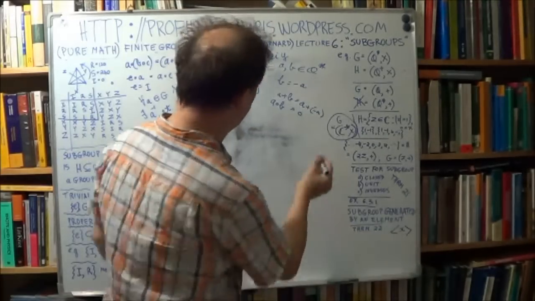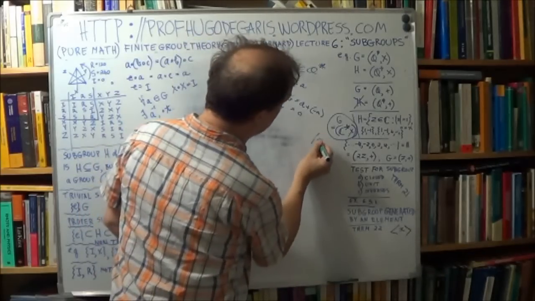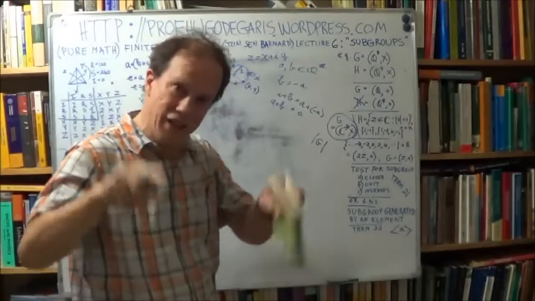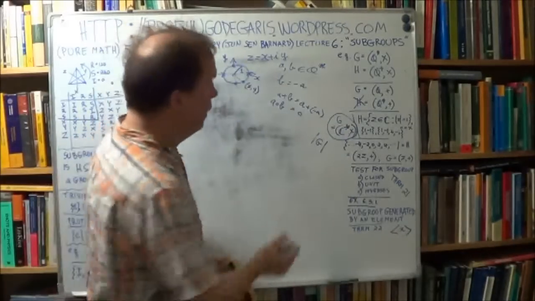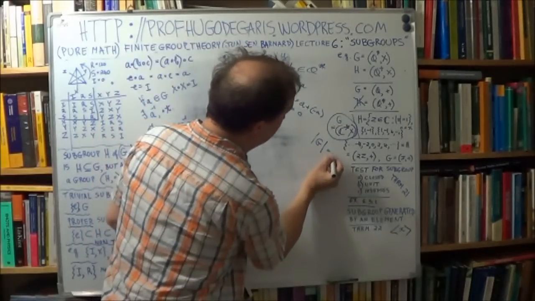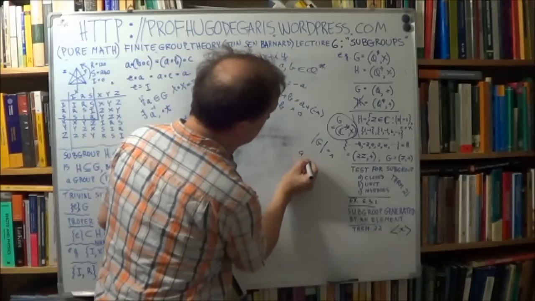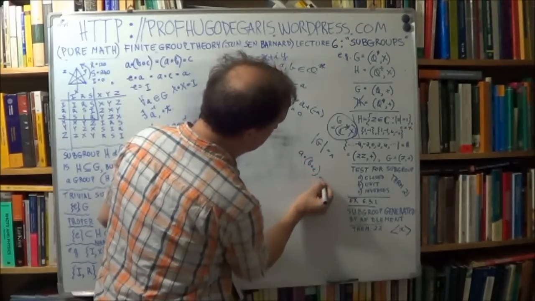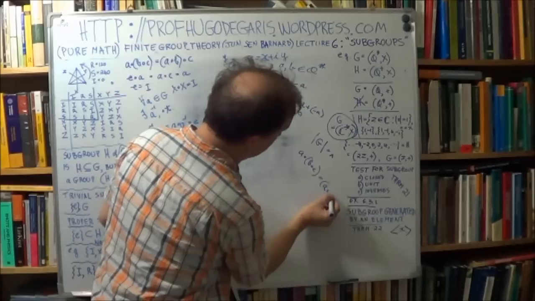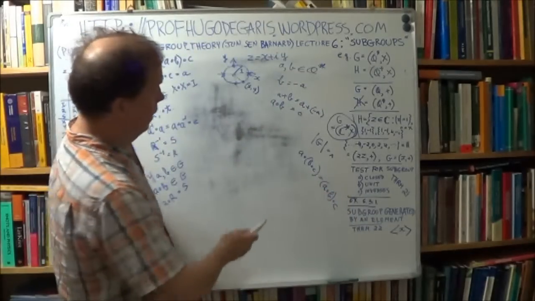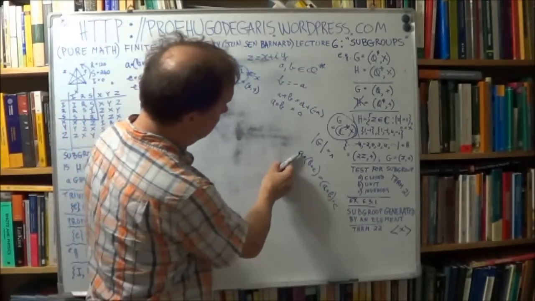If the order of G, this bar, the size of G, in other words how many elements, is n, then how many ways can you test this? Well, there's n elements you could put here, and here's n.